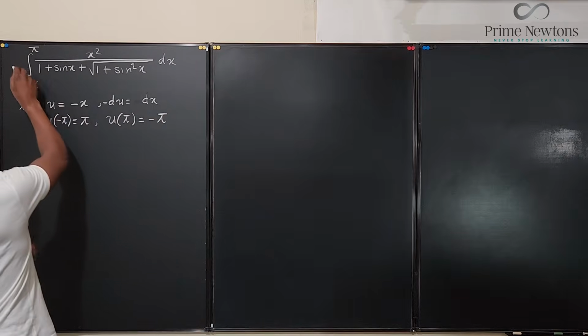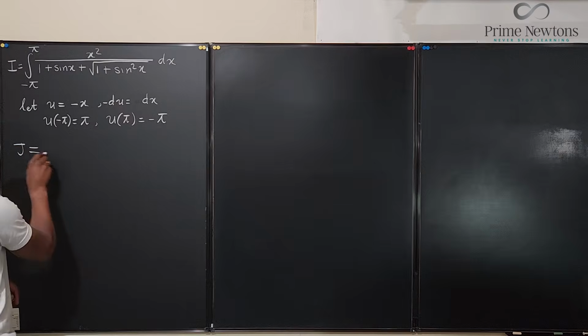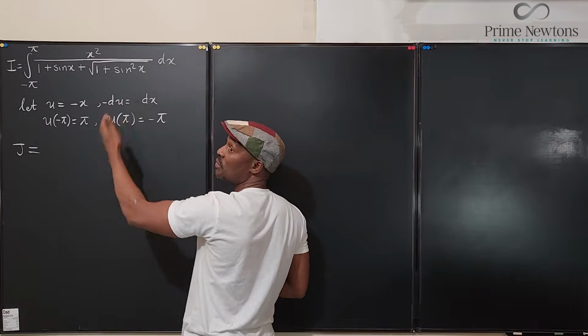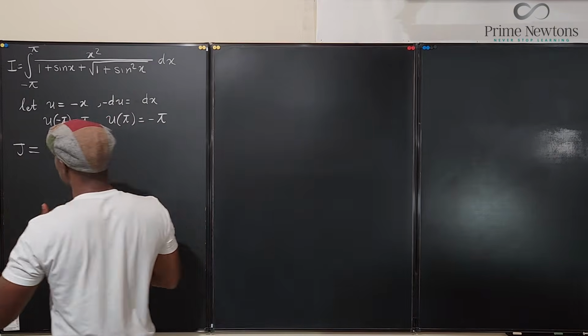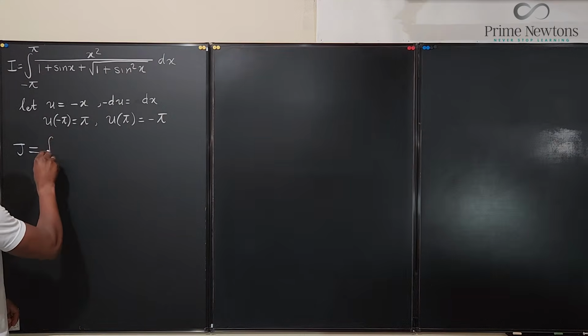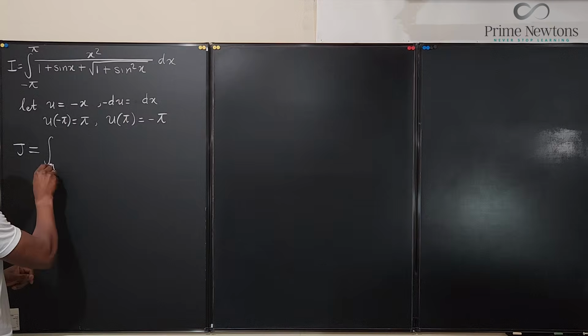So let's call this integral I, and let's call this J. The new integral in terms of u is going to be the integral, this time going from pi to negative pi.